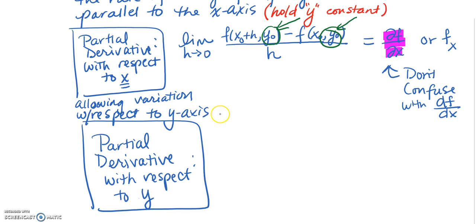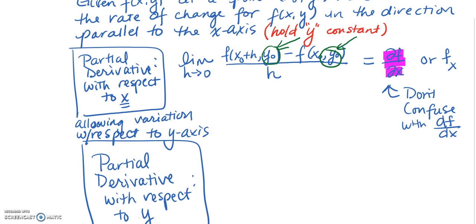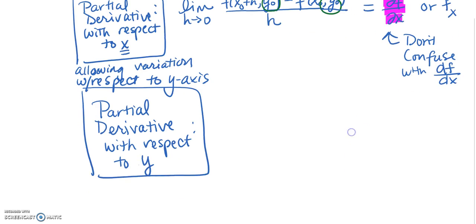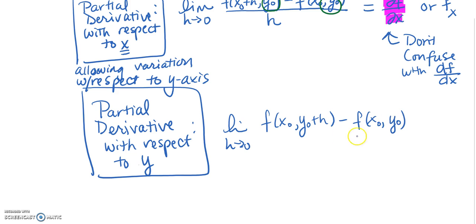And keep in mind this idea that we are thinking about the situation being parallel. So there's a similar definition. It's the limit as h approaches 0. This time we're holding x constant, and we're going to allow y to vary. So f of x naught comma y naught plus h minus f of x naught comma y naught, all over h.